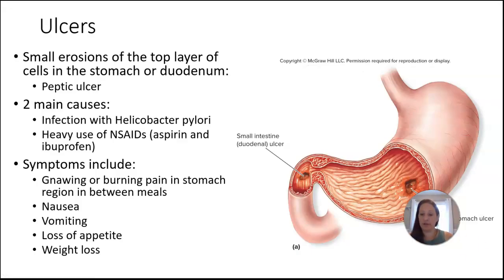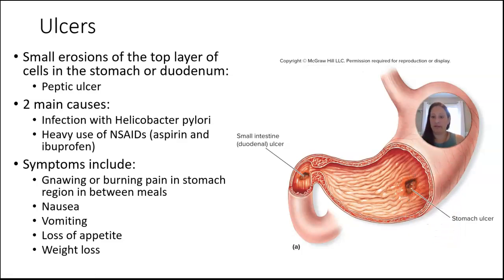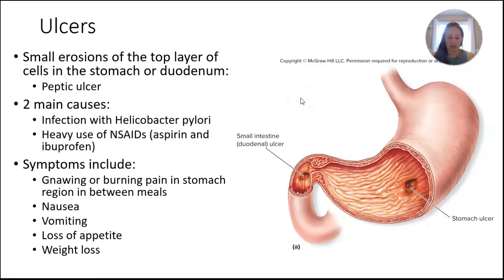We're on to ulcers, which we also kind of already mentioned previously, but we'll talk about it again. We only mentioned one cause and there's two causes. So ulcers are small erosions on the top layer of cells in the stomach or the duodenum. These are called peptic ulcers. Two main causes.